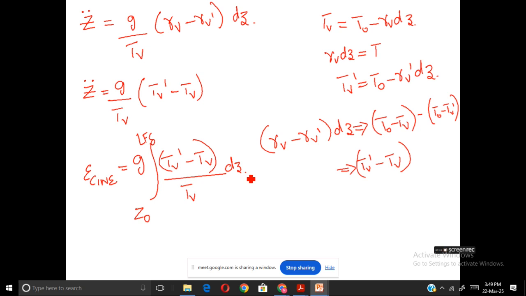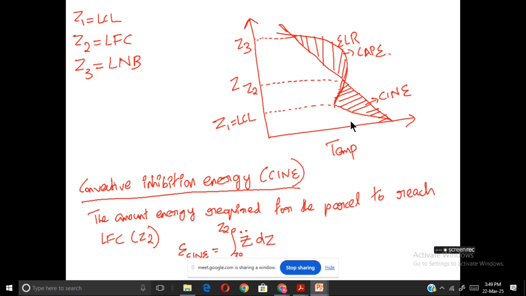This is E_CIN. Up to LFC, this is the temperature of the parcel, this is the temperature of the environment. At this level also, this is the temperature of the parcel, this is the temperature of the environment.